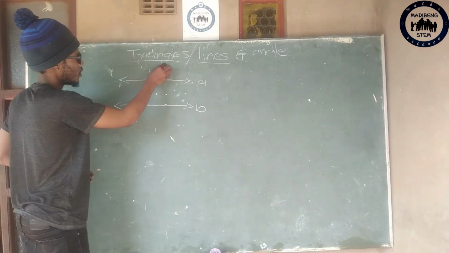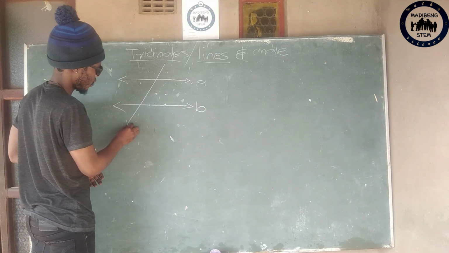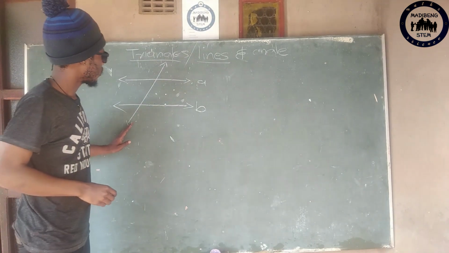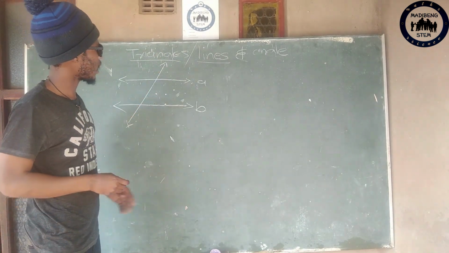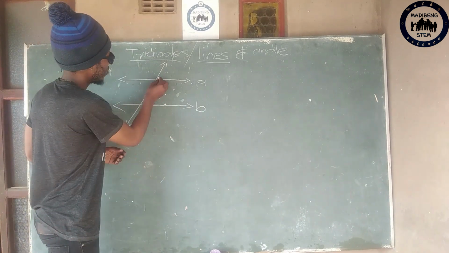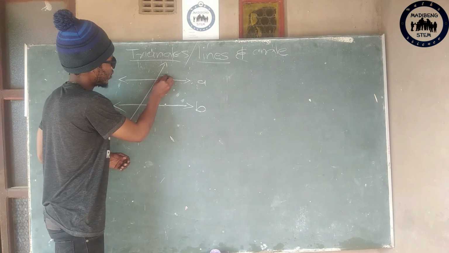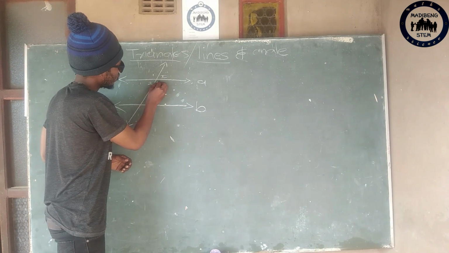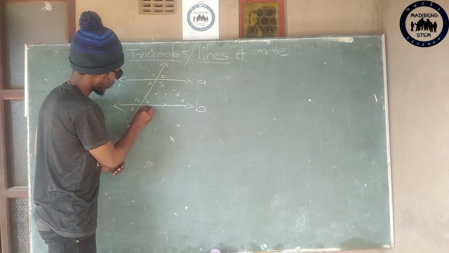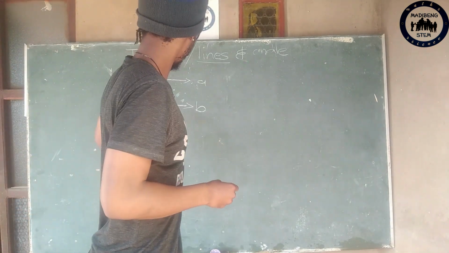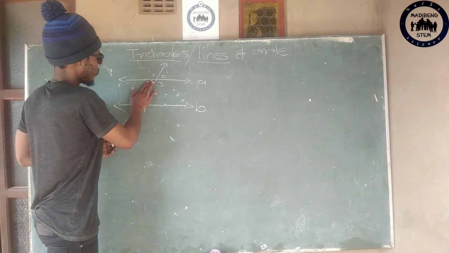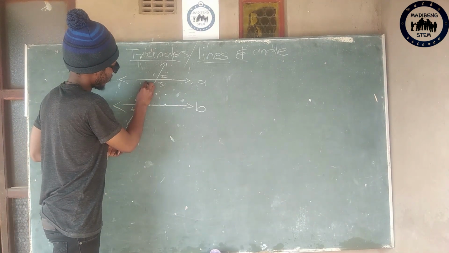Okay, let me do this. If I draw a line here, what do you call this line? This line is called a transversal line. And if I draw this line here, and maybe for an example, I put X here and put X there, and say, calculate all the angles that are missing in this example.